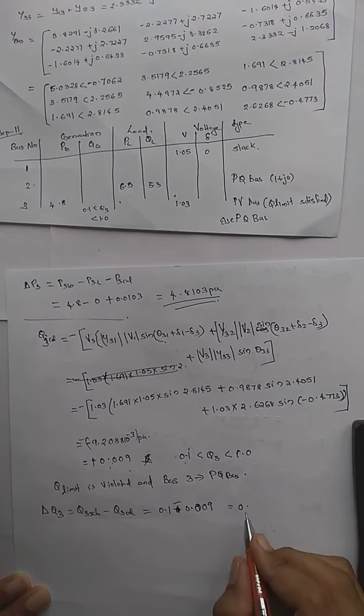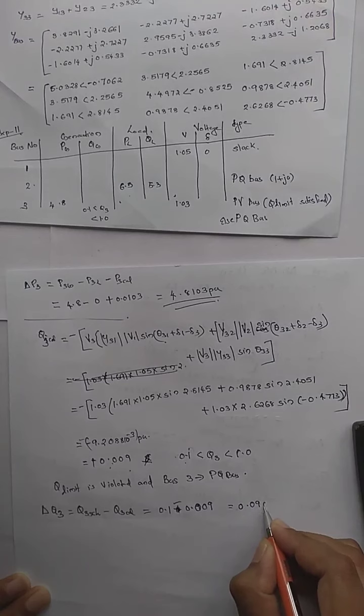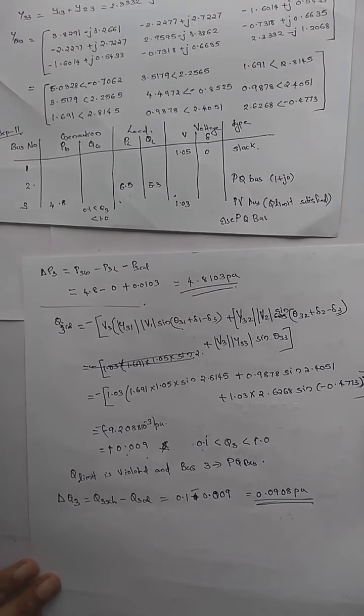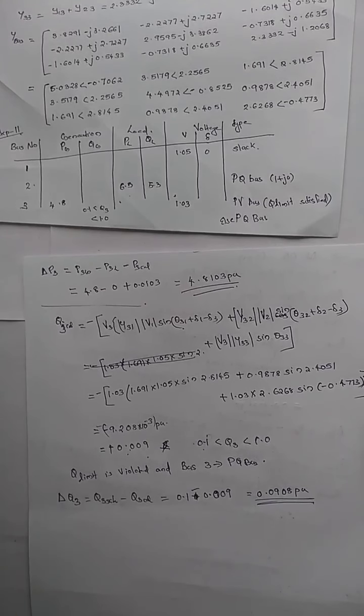That is equal to 0.0908 per unit. So my delta Q3 value is 0.0908 per unit. So we have completed up to our step 3.